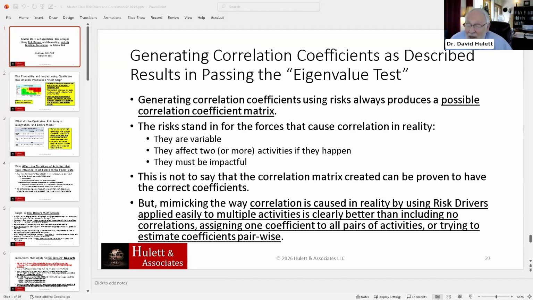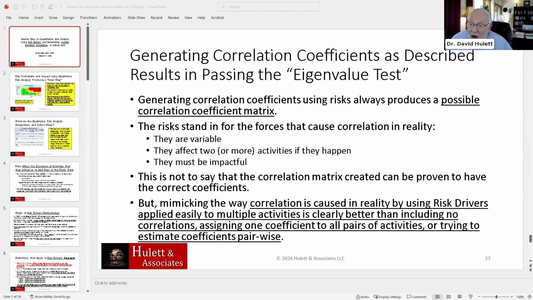If you have activities A, B, C up to, let's say, 20 activities on the vertical axis and 20 activities down the horizontal axis, the correlation of A with A is 100%. The correlation of Z with Z is 100%. And so down the principal diagonal, the correlation coefficient is 1.0 on every one of those cells.